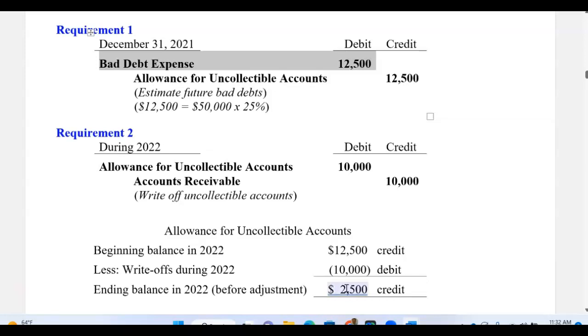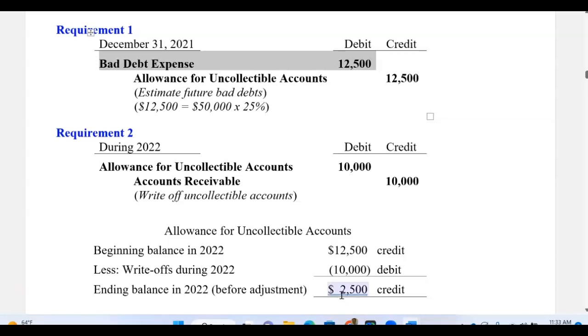Okay. Now, this $2,500 is very important information, again, for year 22, December 31st. Because in year 22, December 31st, assuming the same thing happens again, you want to estimate 25% of 50,000, 12,500. So the next year, you have already 2,500 in the credit side.